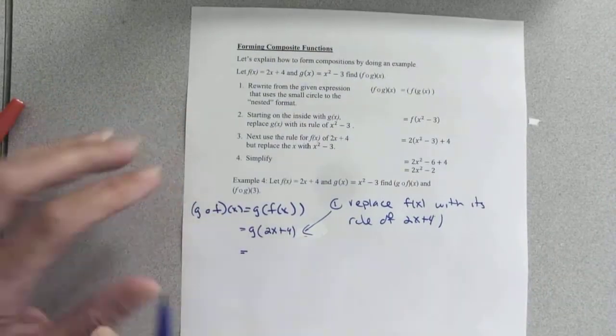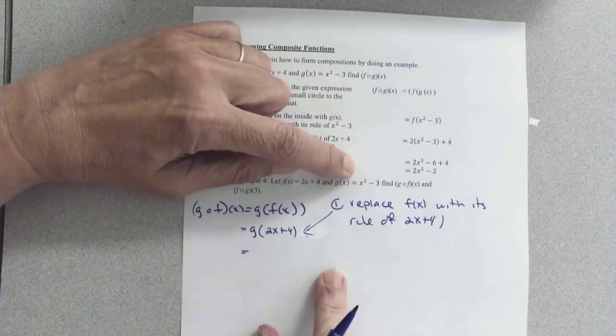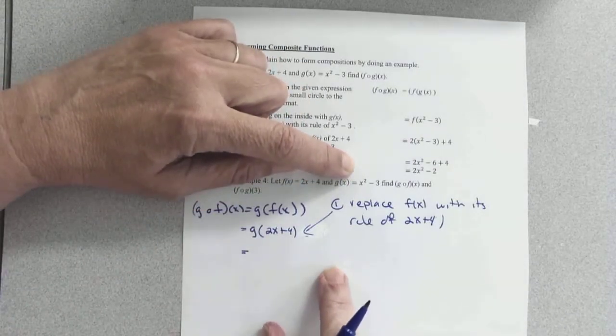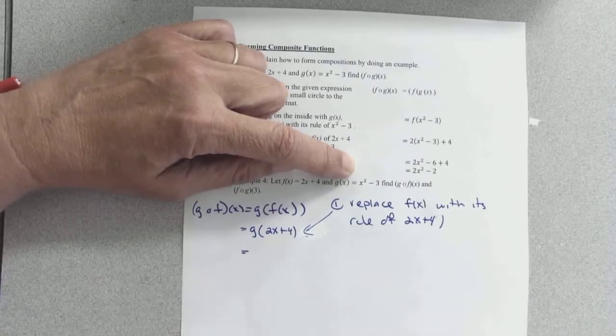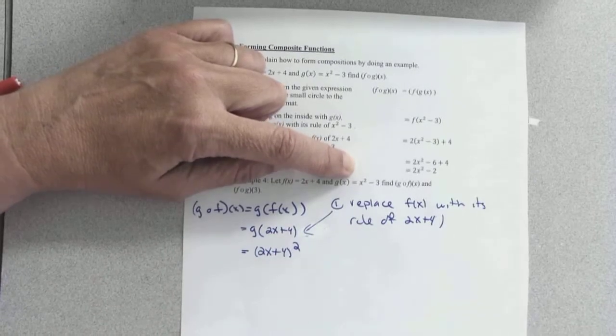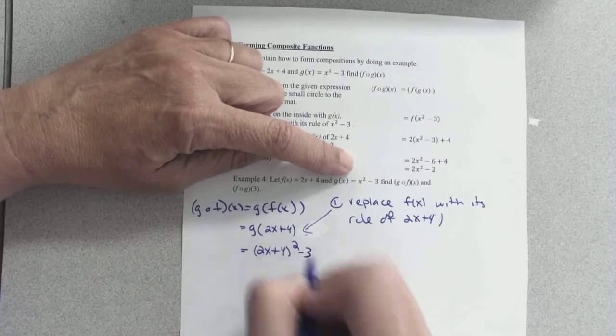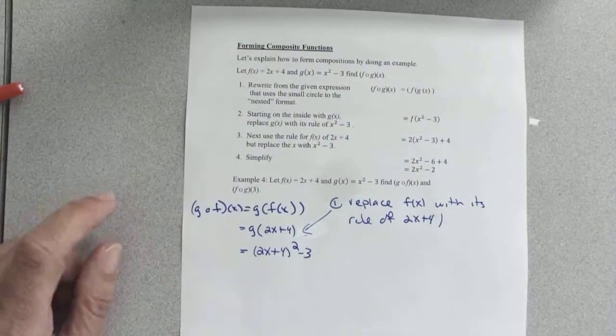Next, I'm going to use g's rule, x squared minus 3, replacing the x with whatever is in parentheses. So instead of x squared, I'm going to write 2x plus 4 quantity squared. Careful use of parentheses: you want the whole replacement squared. Then the rest of the formula, minus 3.